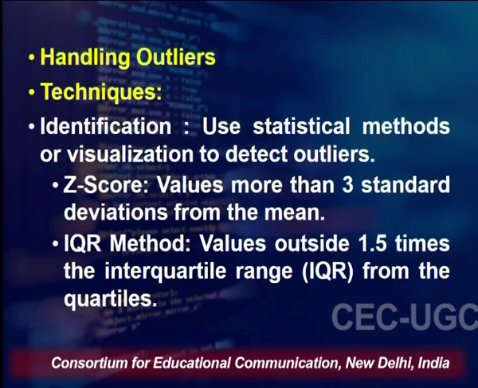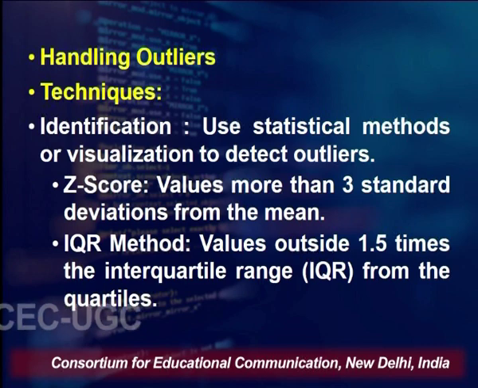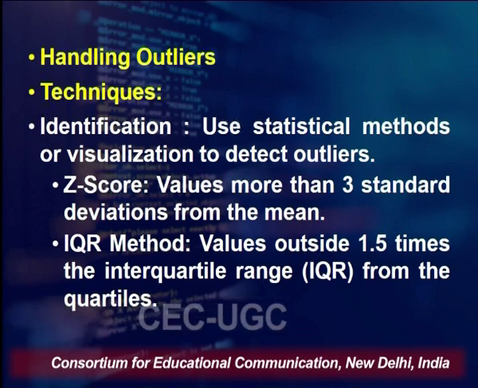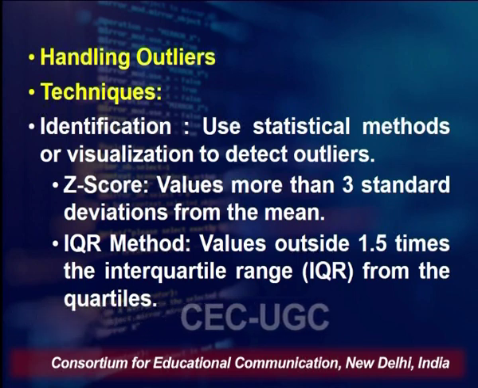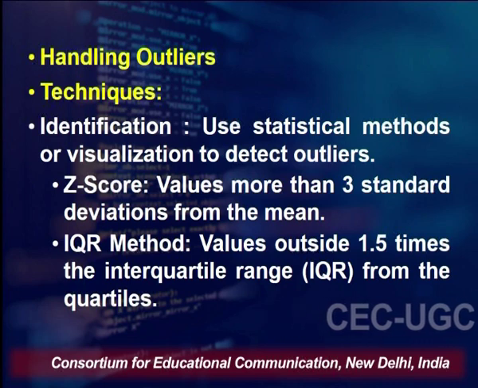So, we need to use statistical methods or visualization to detect outliers, because if you plot the data in a graph using a visualization tool, then the outlier is going to lie far away from the curve or the line. We use the Z score for handling outliers in Python. Z score means where the value is more than 3 standard deviations from the mean.